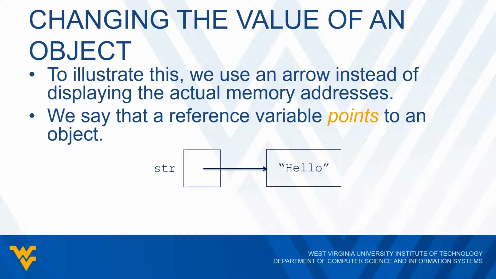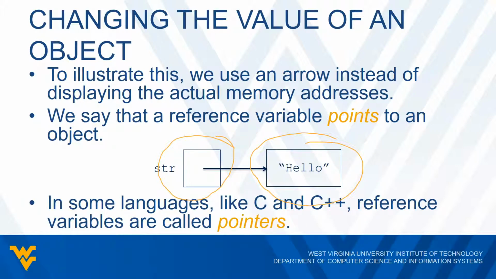Here on the left side, we'd have our reference variable str, and this would point to our data object, which would be hello in this case. It's worth noting that in some languages, like C and C++, these reference variables are called pointers, but they do the exact same thing. It's just a variable that contains a memory address, and the memory address itself gives us the value that we're working with.